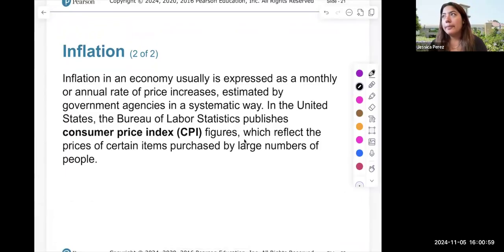In the United States, the Bureau of Labor Statistics publishes the Consumer Price Index. This Consumer Price Index reflects the prices of certain items purchased by large numbers of people. There's probably a list that will change on a monthly or annual basis.